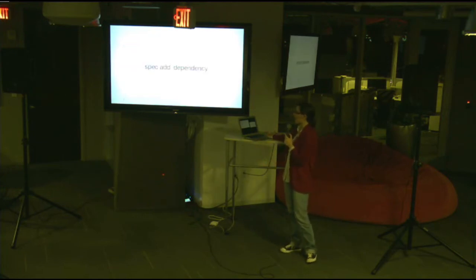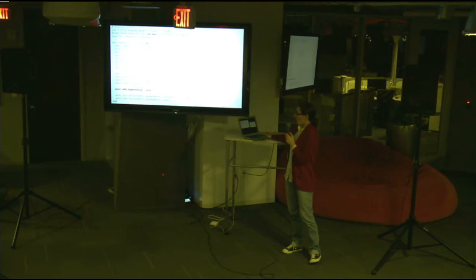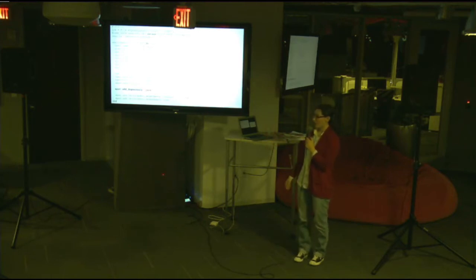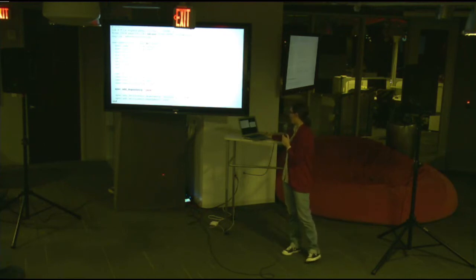And we're going to do that with the add dependency specification. This is basically going to work exactly like our development dependencies, except instead of a development dependency, it's just going to be a dependency. And so we add it to our gem specification exactly the same way.